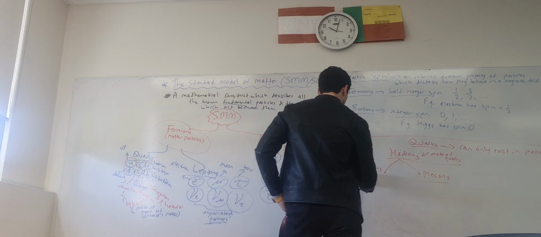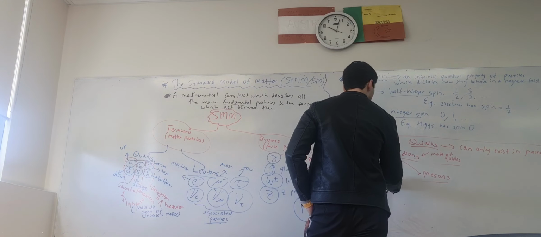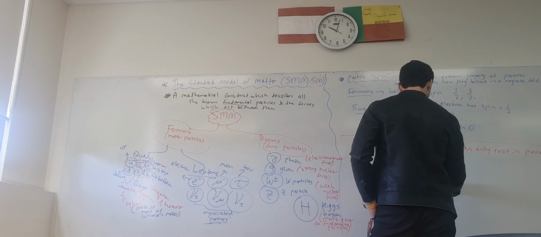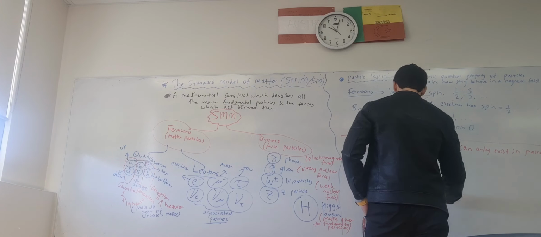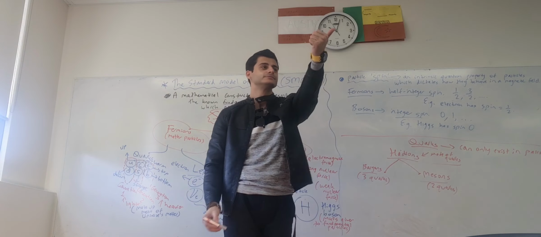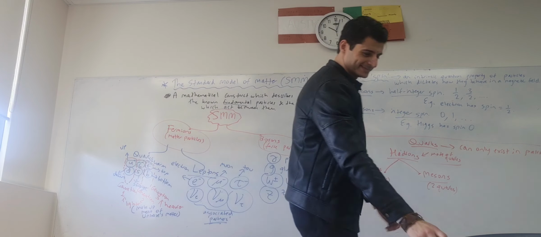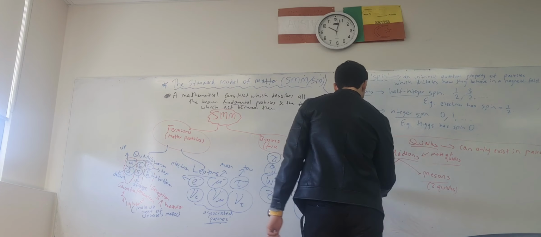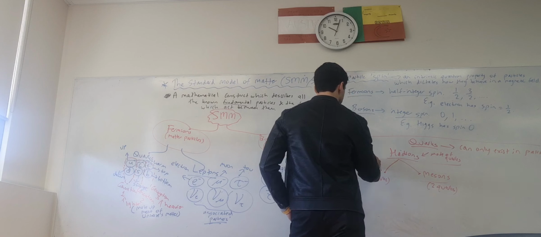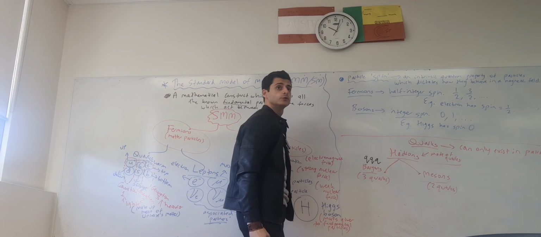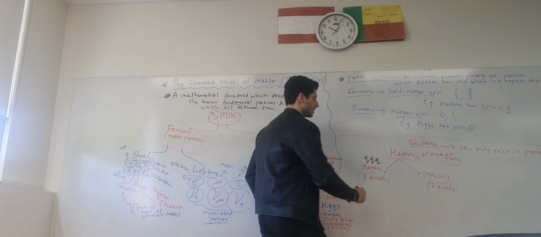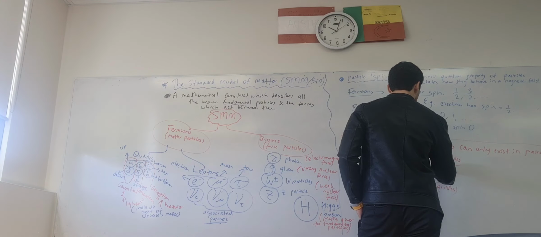Mesons? Two. Most common baryons, what are they? Proton, neutron. That's right, well done. So baryons look like this, three quarks together. Q for quark. Mesons are made of a quark anti-quark pair.